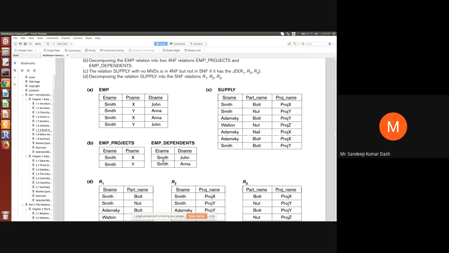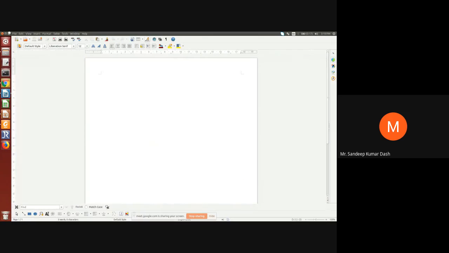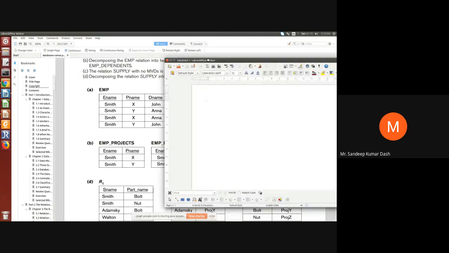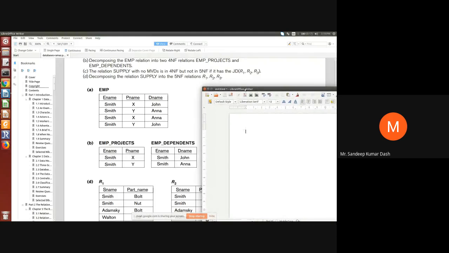Here ename is the same in both, so based on ename, it will be combined. How will it be combined? Let me write the first row. The combination of employee project and employee dependent will have this data.